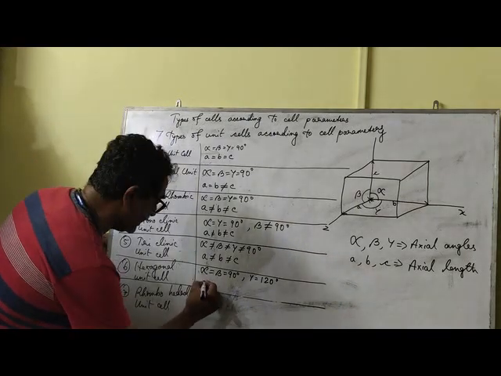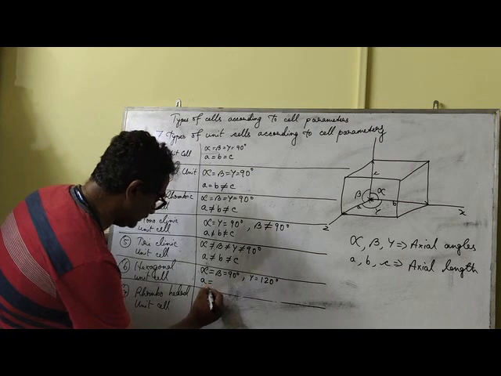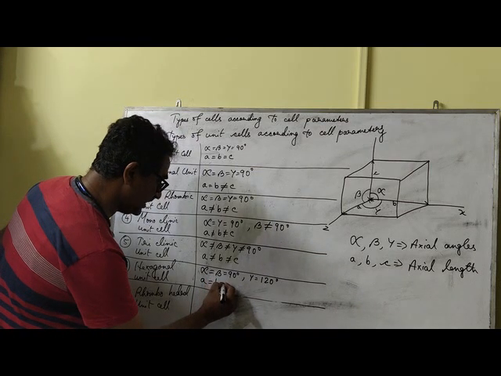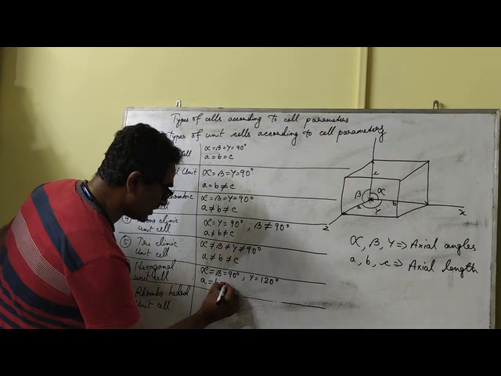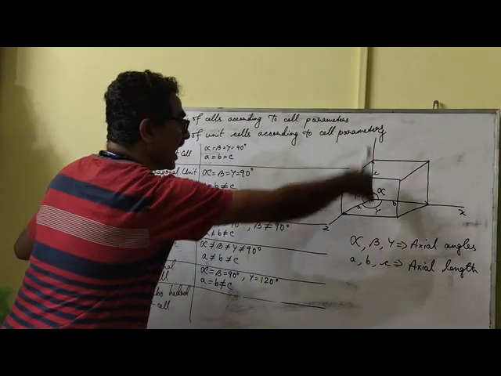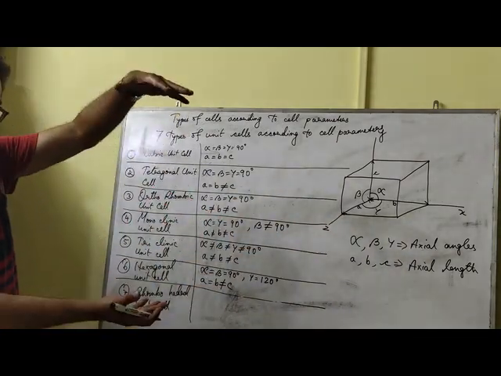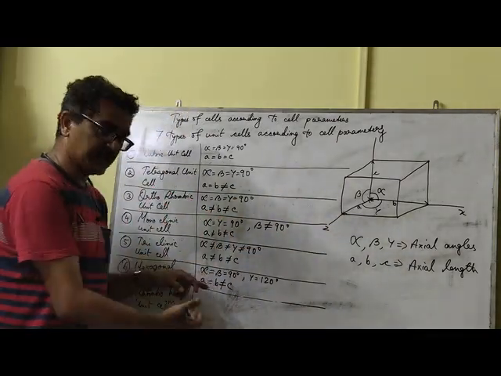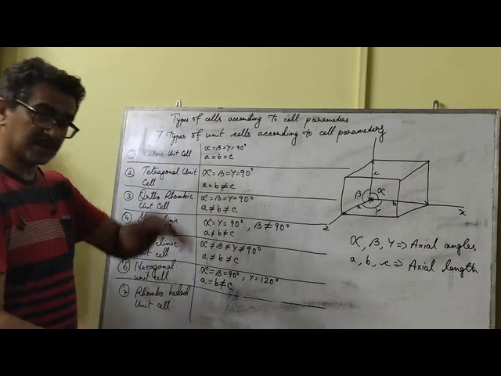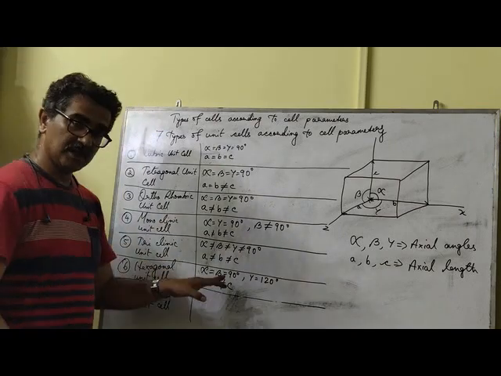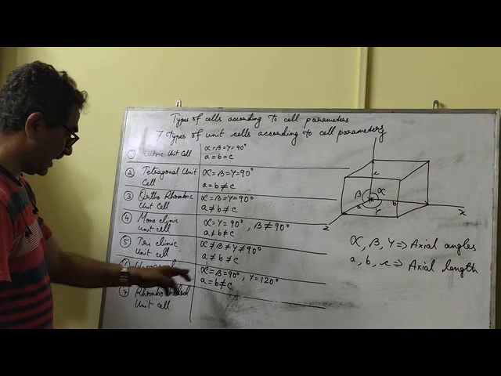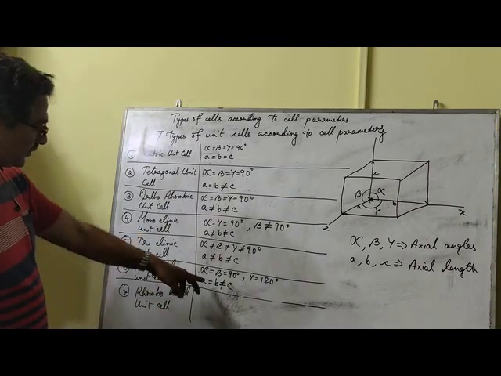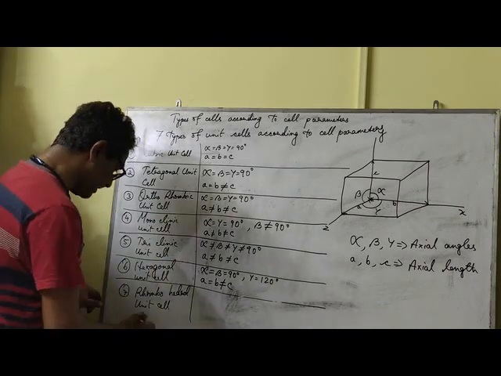And A is equal to B and B is not equal to C, because the height may vary. The top and the bottom ends will be equal, A and B are the same. However, the height may not be the same, so it is not equal to C. A is equal to B, so two axial lengths are the same over here.